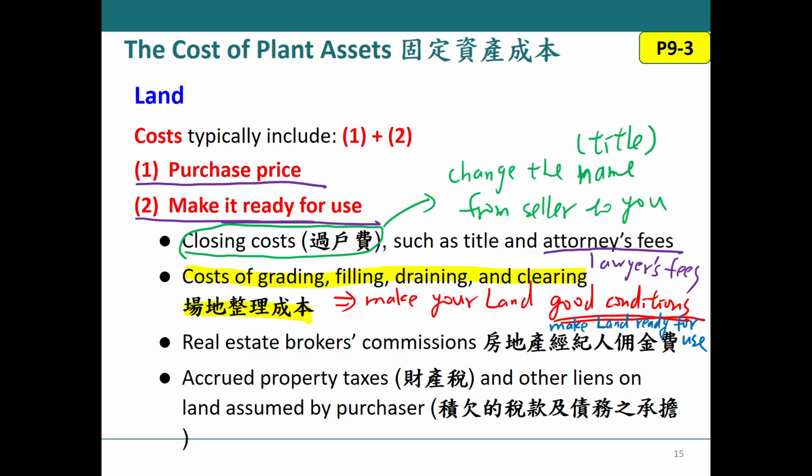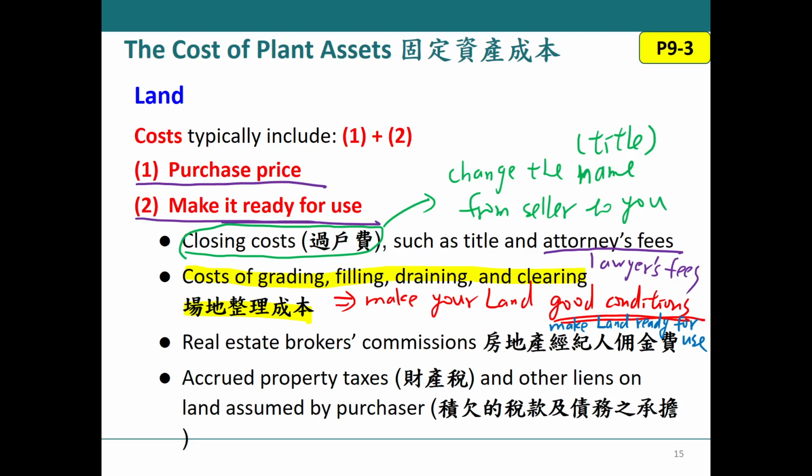Okay? Also, when you want to buy the land, when you want to buy the house, usually we will find whom to help us find a good house, find a good land. Real estate brokers, right? 中介商、房地产经纪人. So you should find the real estate brokers to help you find a good land, find a good house.